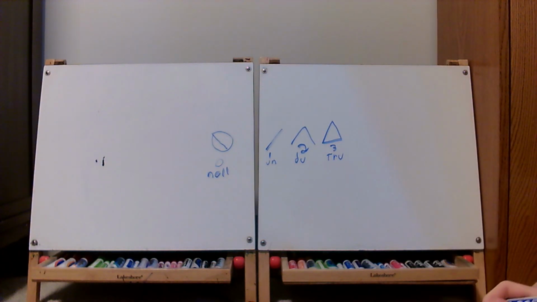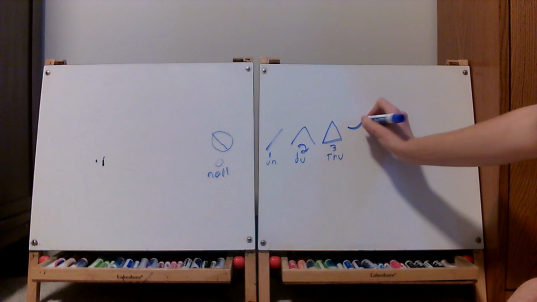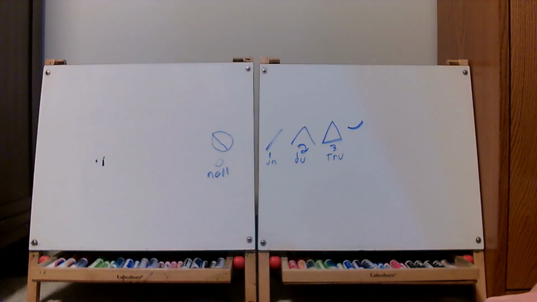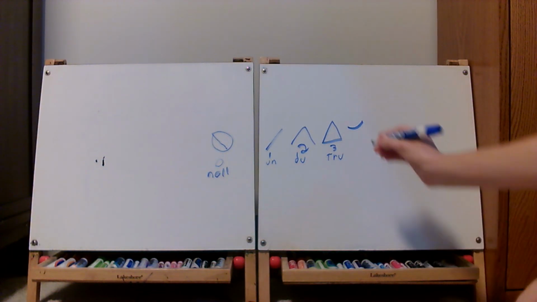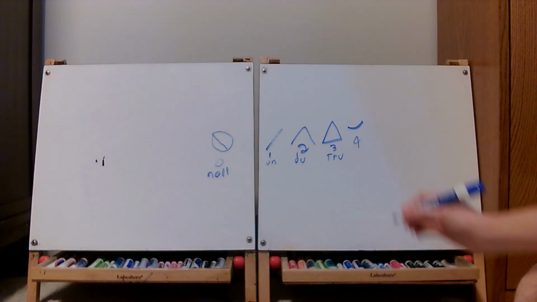And then true. Un, do, and true. That's our 1 through 3. And then our 4 looks like that. And it is called ert.